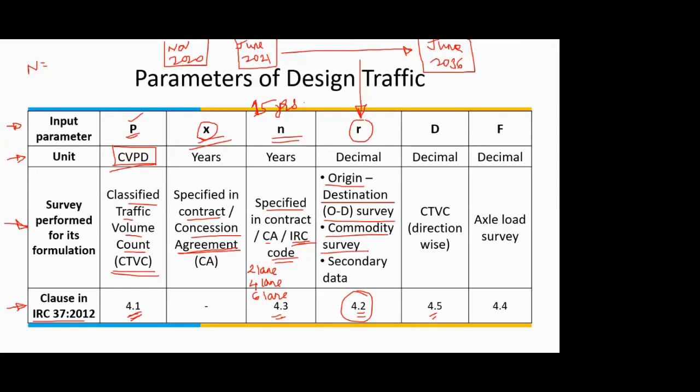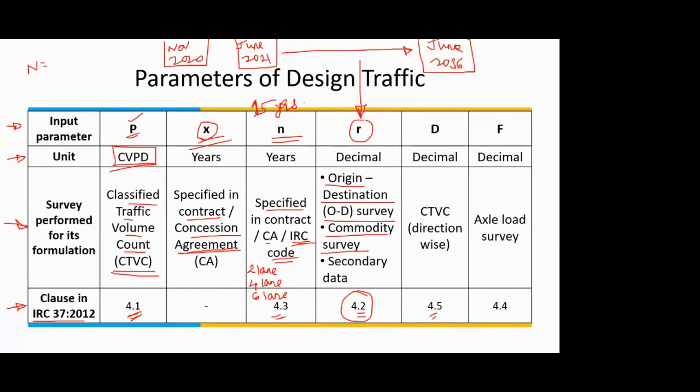So in the origin and destination survey, or OD survey as the name goes, in that OD survey itself, we had seen that you ask a number of questions, and in that, if you are interviewing a goods vehicle, you also note down what is the type of goods it is carrying.